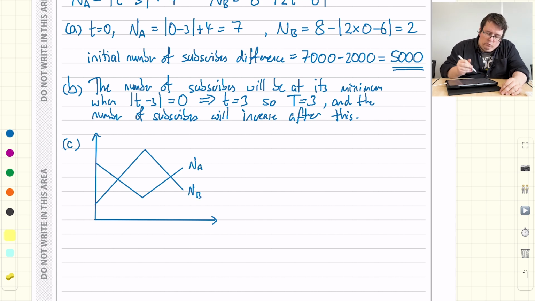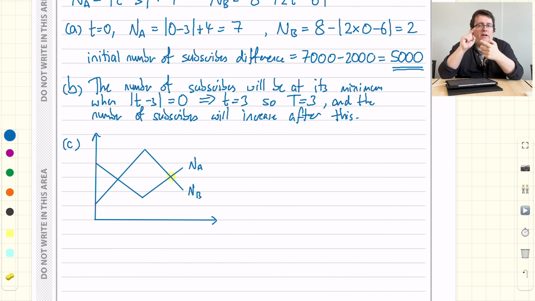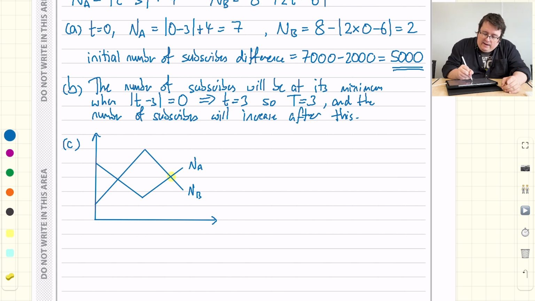So let's say we want to work out this intersection point first. That is the intersection when NA has positive gradient. So that means you need the coefficient of t to be positive. So you remove the modular signs, so ignore the modular signs, and you want the coefficient of t to be positive. So for NA, it will be t take away 3 plus 4.